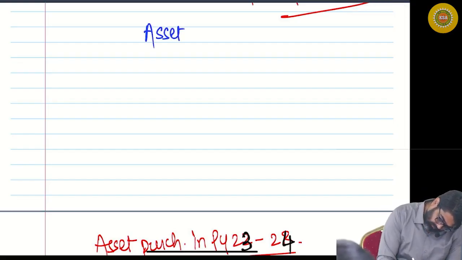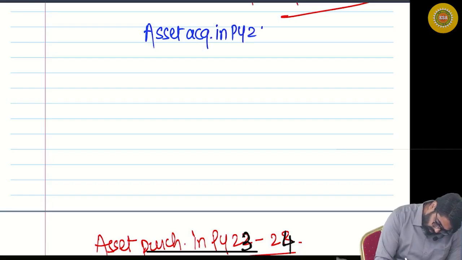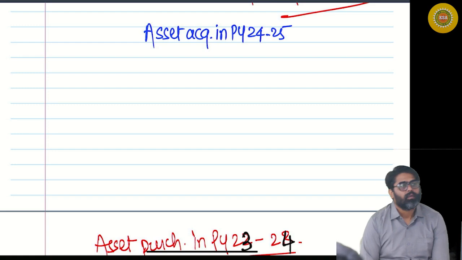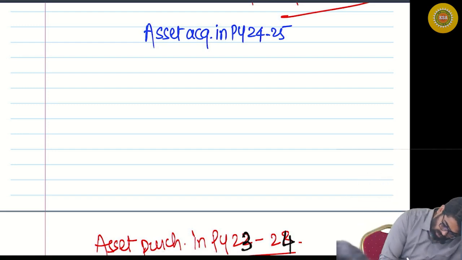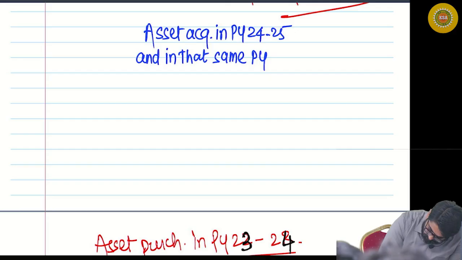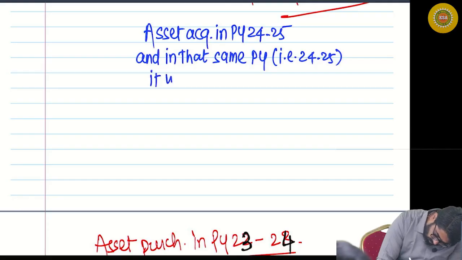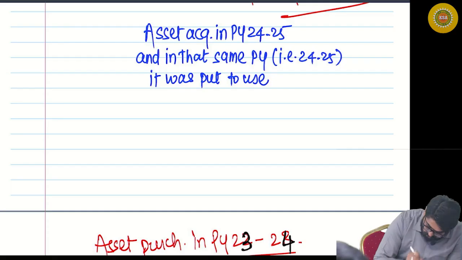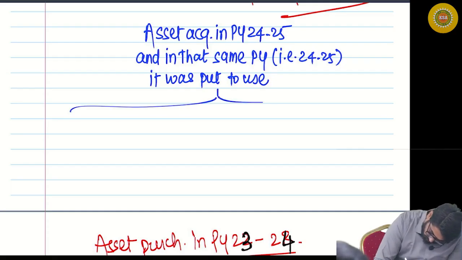Asset acquired in previous year 24-25, and in that same previous year 24-25, it was put to use.